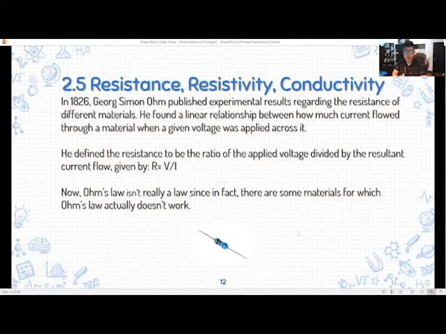But Ohm's law isn't really a law. In fact, there are some materials that actually don't follow it.